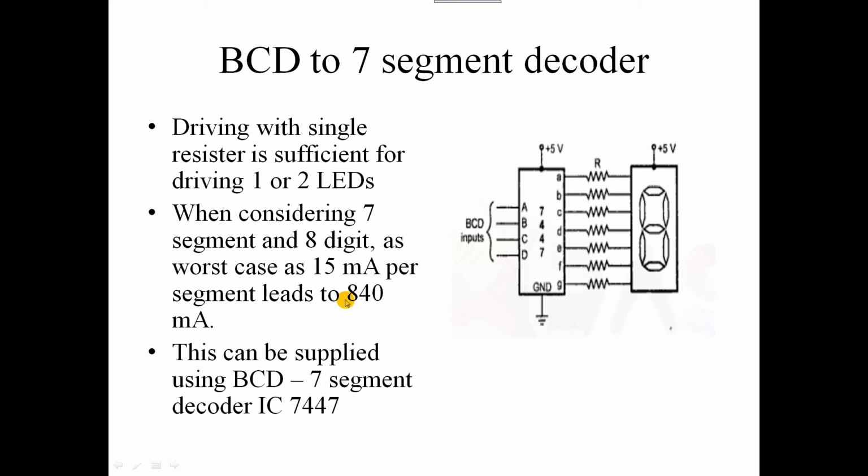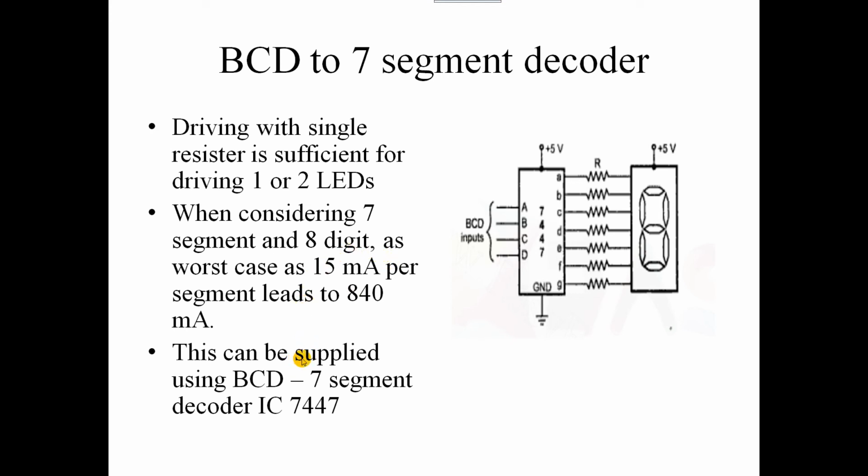So these 840 milliamperes have to be supplied by the supply. But if we supply this current, then we will have heavy loss in the resistor. So that is going to lead to heating in the circuit.